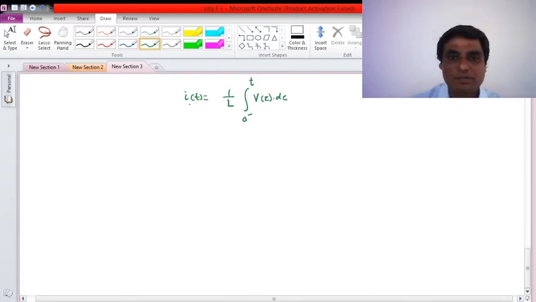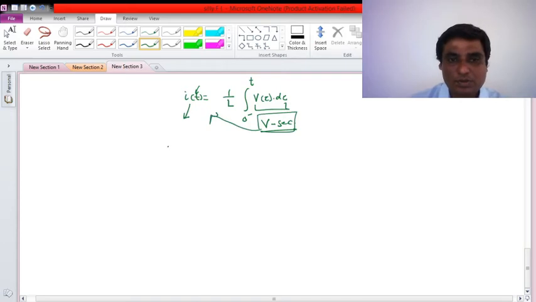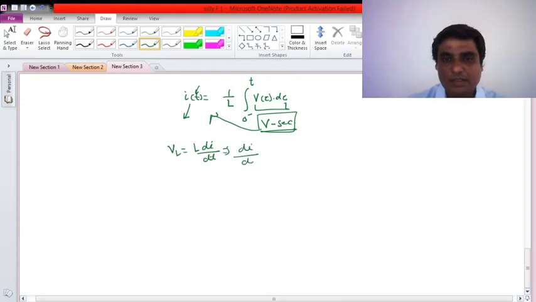I have to establish this much current at this particular time, and for that I need this much volt seconds. This much volt second I need to establish this much current, right? So if I say VL is equal to L di by dt, then my rate of change of current, di by dt, is VL by L, right?